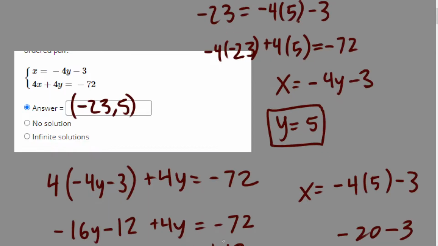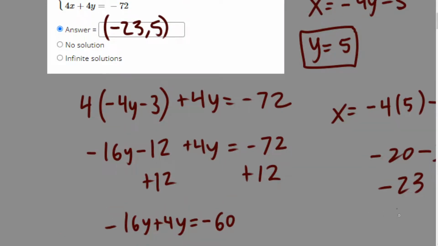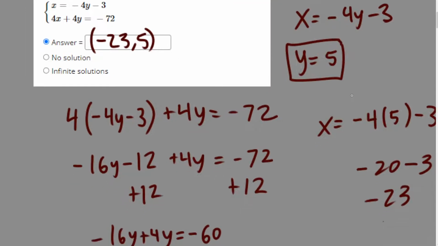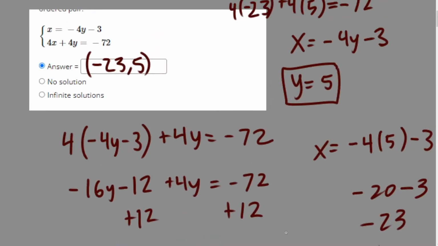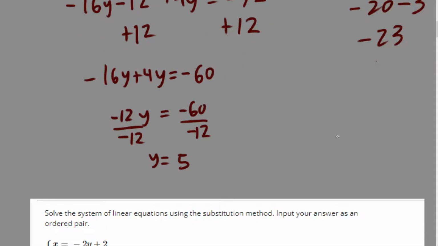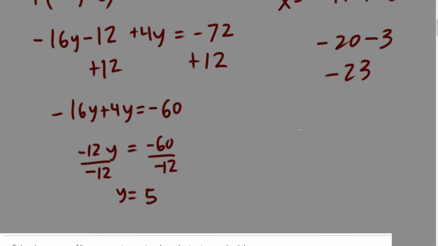Give me just a moment to recheck my answer. Never mind. I realized that when I was multiplying, I did negative 4 times negative 23 when it should just be positive 4 times negative 23. And that makes our answer correct. So it's good to check again and see if you did anything wrong. I actually had done it correctly. I just made a mistake when I was checking.